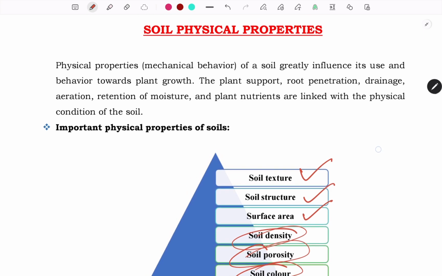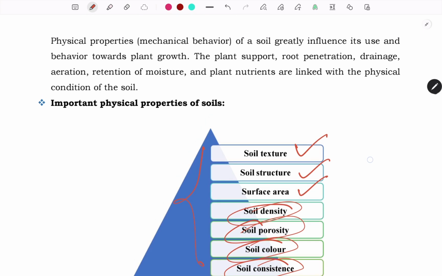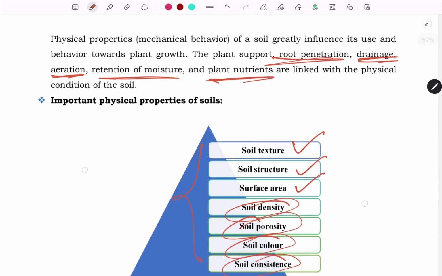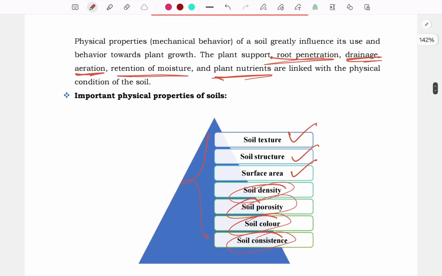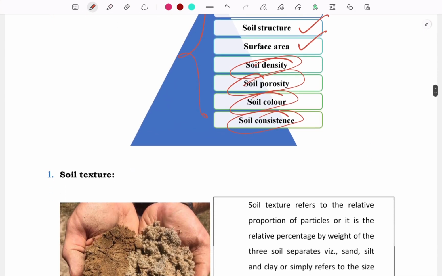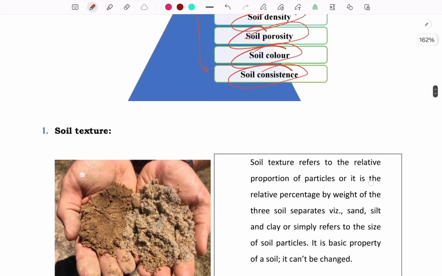These properties influence the growth of plant in terms of root penetration, drainage, aeration, retention of moisture, and plant nutrients. These properties of soil greatly influence the growth of plant, ultimately the productivity of plant.